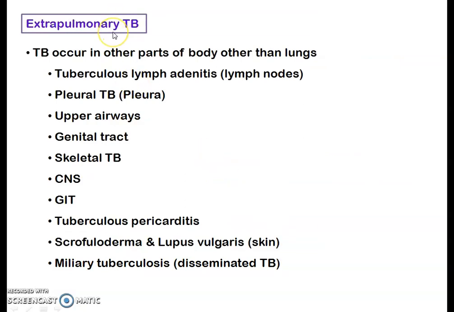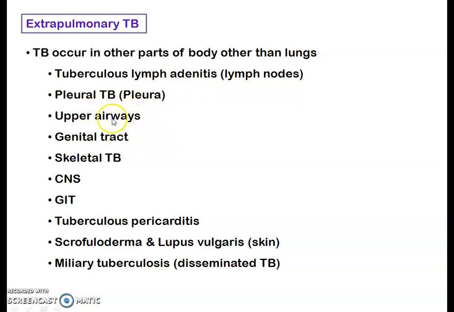Then coming to the next type of TB, extrapulmonary TB. If TB occurs in other parts of the body other than the lungs, it is known as extrapulmonary TB. If the lymph nodes are involved, it is known as tuberculous lymphadenitis, and if it is in the pleura, it is known as pleural TB.